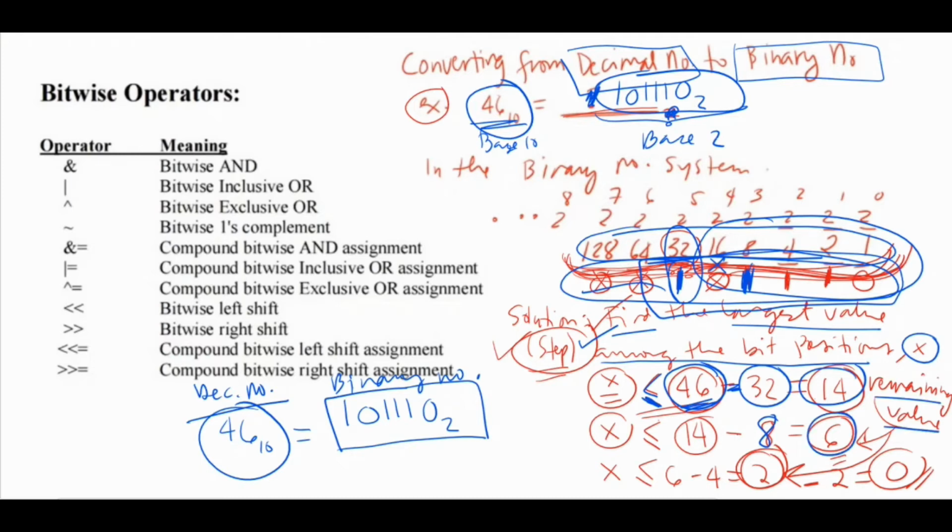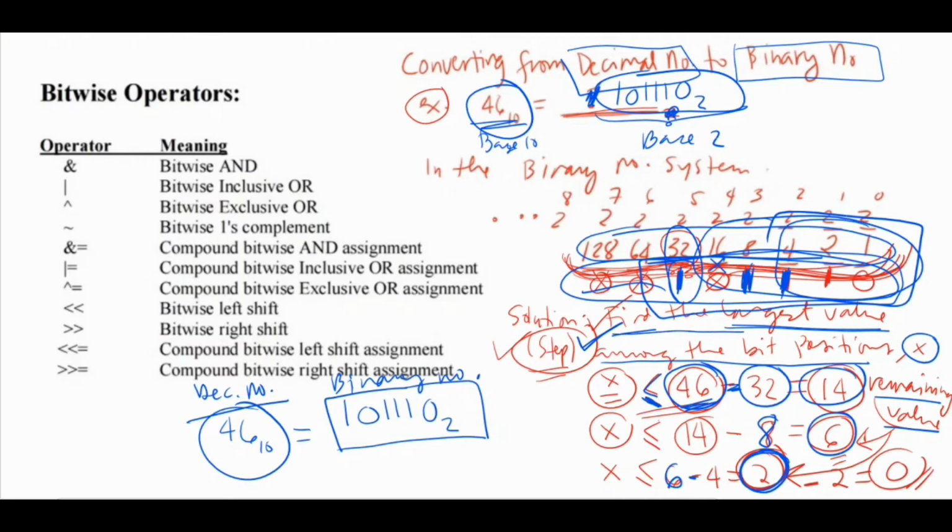And since the remaining value is not yet 0, we continue the process of finding the largest value among the remaining bit positions, which is this part here, that is less than or equal to the remaining value 6. And of course, that is 4, right? So we set 4 to 1 and we subtract that value 4 from the remaining value 6. And so our new remaining value this time is 2. And since it's not yet equal to 0, we do this again.